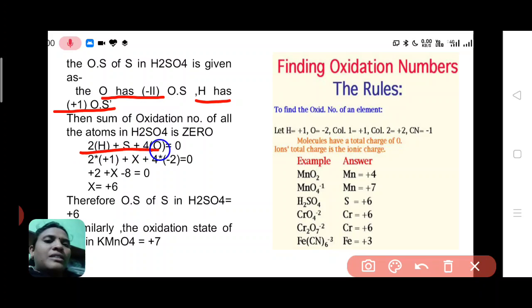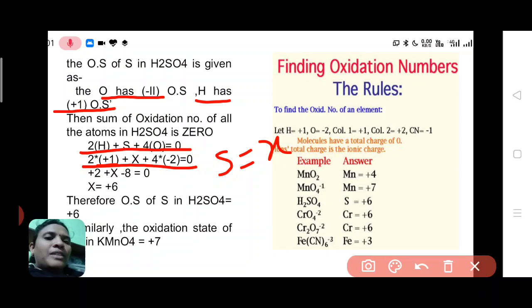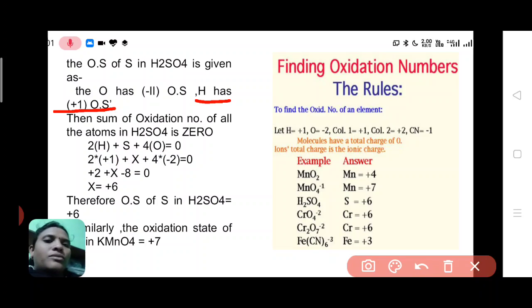The oxidation state of sulfur is unknown to us, so we write it as X.